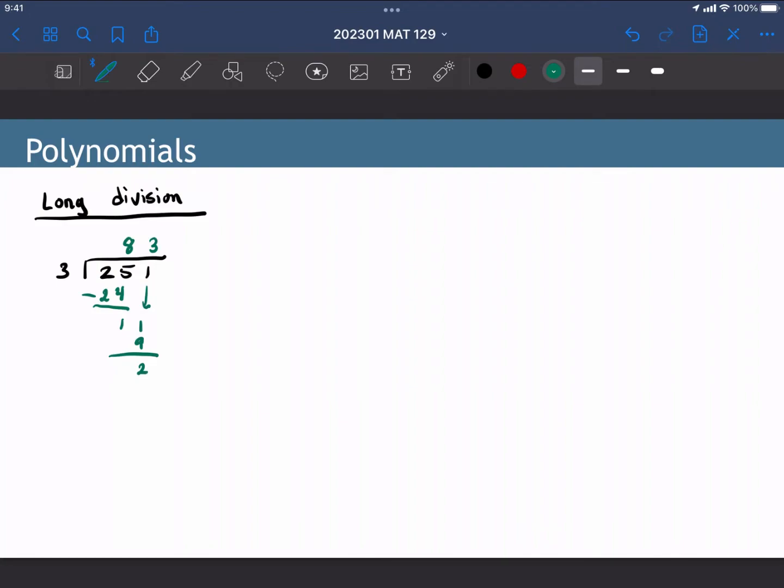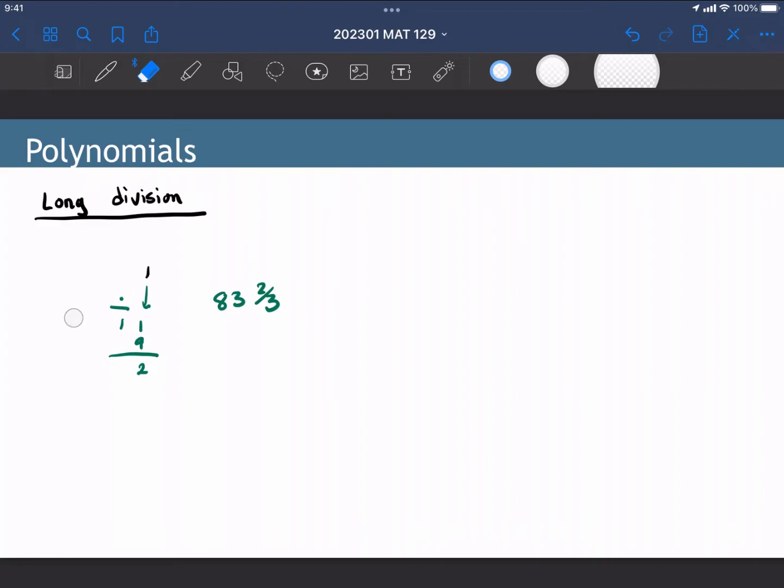Aha, so when you divide this, you get 83 with a remainder of 2, right? Or 83 and 2/3, right?